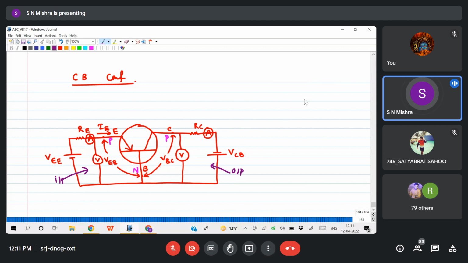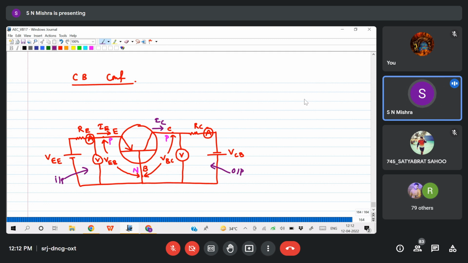If you change the collector base voltage, then what is the effect on the output current? My output current here is your IC. That gives another plot, called the output characteristics. So if you consider the input side and plot the graph between voltage and current, that is your input characteristic. If you consider the output side and plot voltage against current, that is your output characteristic.